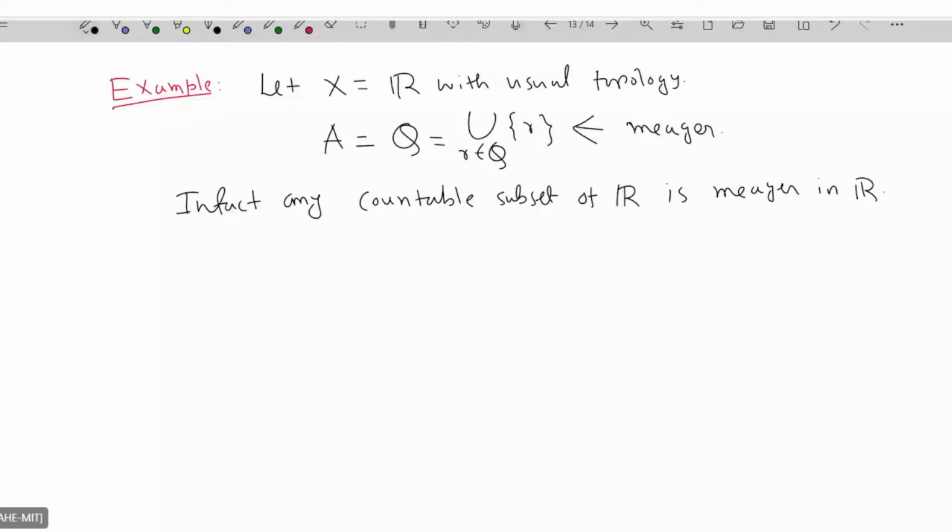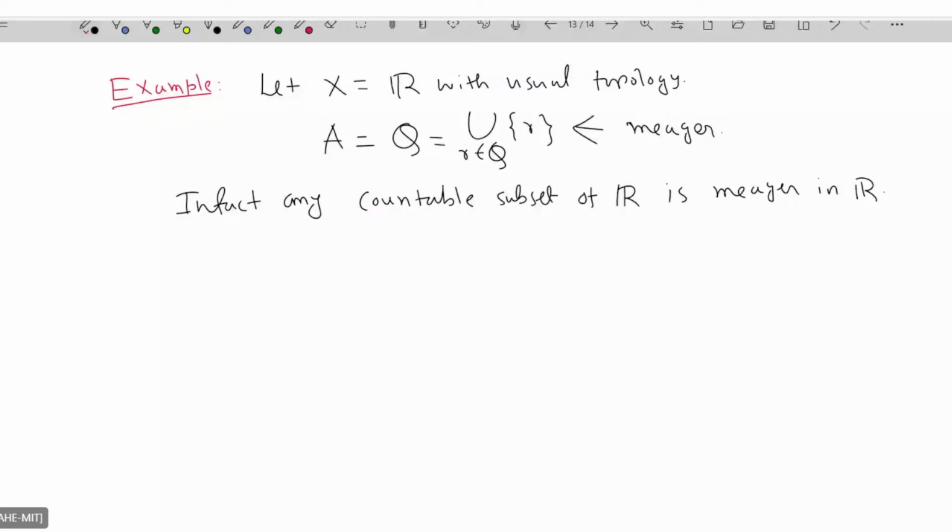But first, in fact, any countable subset of R, we will just take as an exercise whether it is true or not. Q with the subset topology of R. Okay, I mean with the usual topology, so you get the subset topology on Q. Now consider a countable or any subset of Q. Will it be meager or not?